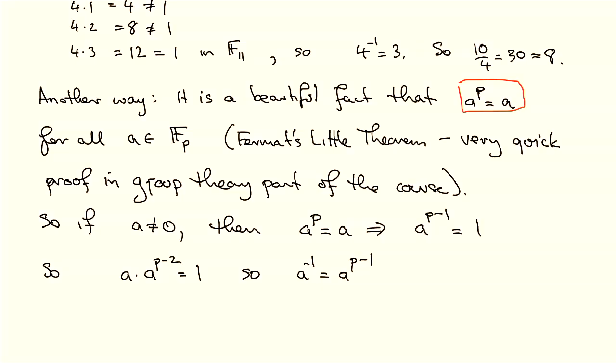Now that's great, that's a nice formula. The problem is, if p was quite large, if you're in a large field, raising a to a large power is going to be a very large number, but that's okay. I mean, the computer will do it nice and quick for you. It should be a to the p minus 2, sorry. But let's do an example.